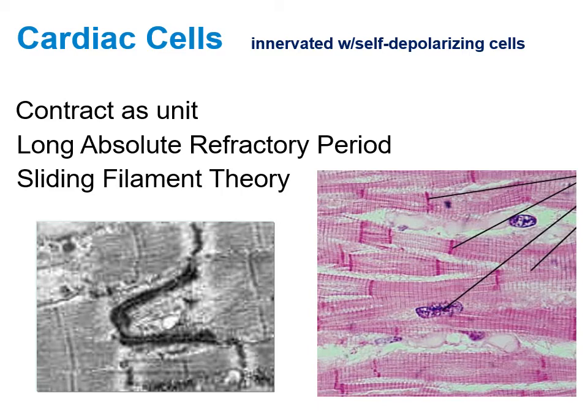They contract as a unit thanks to their intercalated discs. They utilize the sliding filament mechanism that skeletal muscles use, and they have an extremely long absolute refractory period. This long refractory period helps ensure that cells in the bundle function as units instead of becoming disorganized.